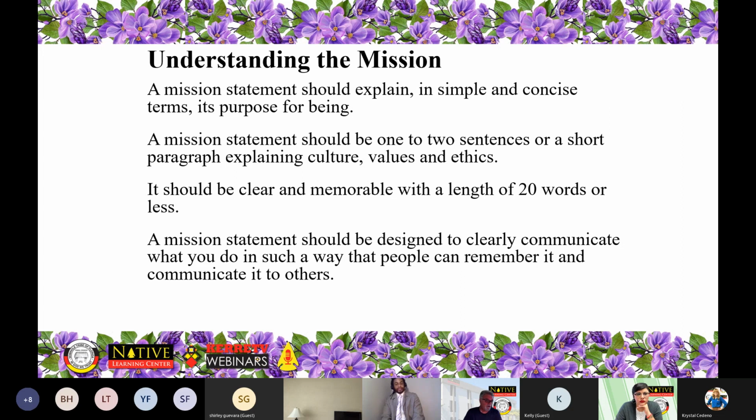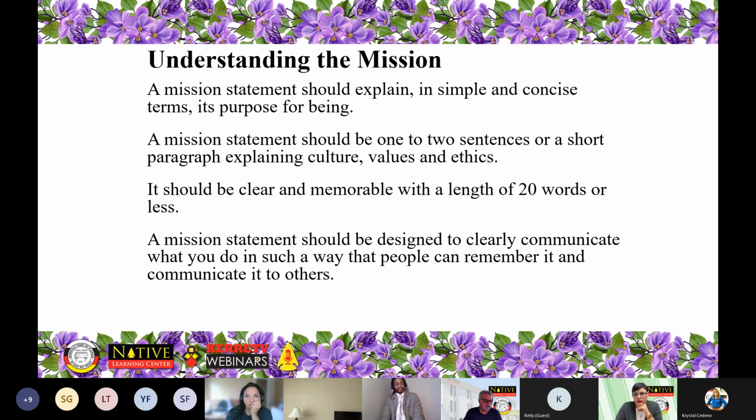And down the road, if you're ever interested in applying for 501(c)(3) nonprofit status, you're going to need a clearly defined mission and be able to articulate that in a way that makes sense to the IRS. The more verbiage you put in it, the more rambling you are, the more sentences in it, the more difficult it is to explain. So again, we want to try to keep that mission as concise as possible.